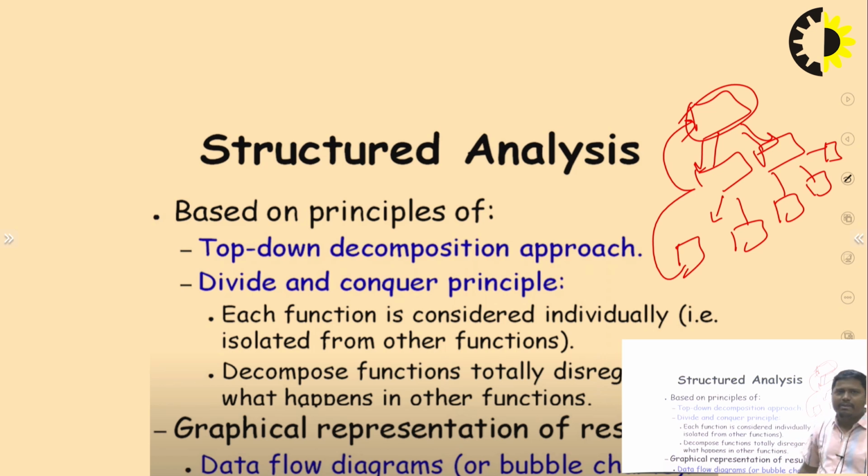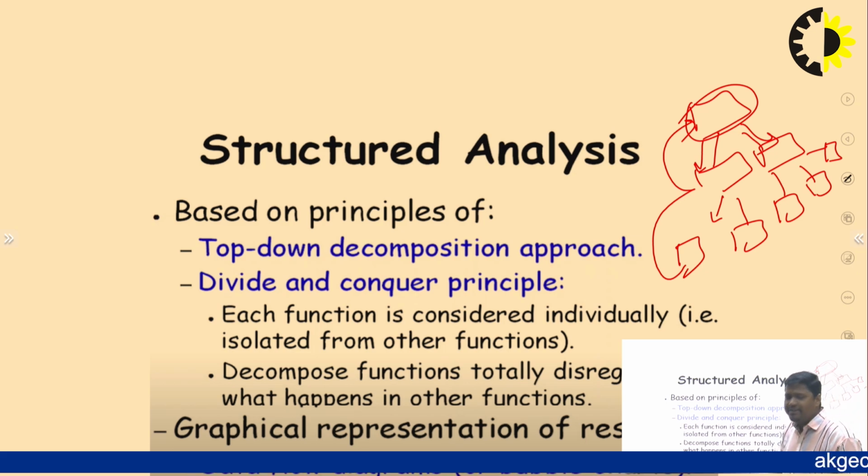Through the data flow diagram, as I have said, we can easily understand each entity, identify their work, how one entity is related to other entities, and what they are doing behind that. That representation we can show through the graphical representation, the data flow diagram.